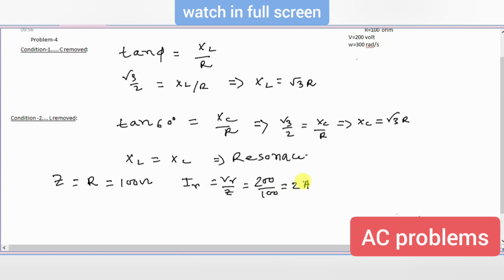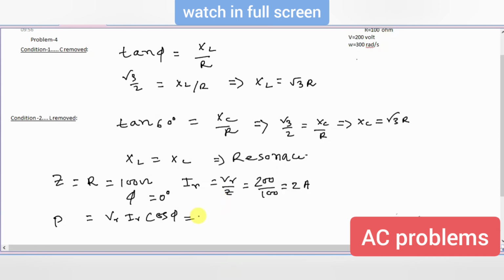If the circuit is in resonance, then the phase phi equal to 0, that is the phase between voltage and current in the series LCR circuit is 0. We also have to calculate the power equal to Vrms into Irms into power factor cos phi.